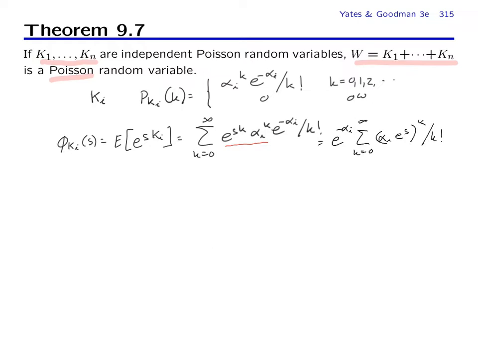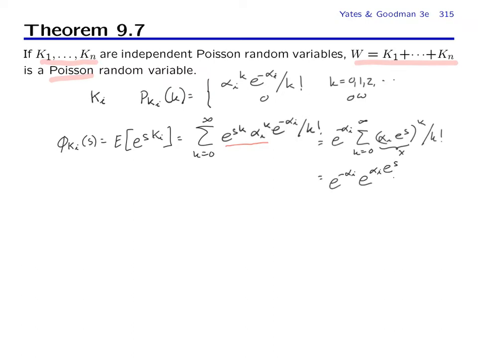And the next step is to say, if we call this combo term x, then what we have here is the Taylor series expansion of e to the x. And the result is we have e to the minus alpha i, e to the alpha i e to the s.